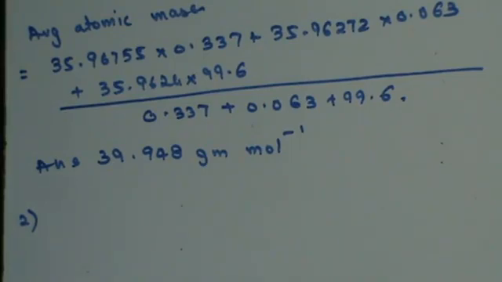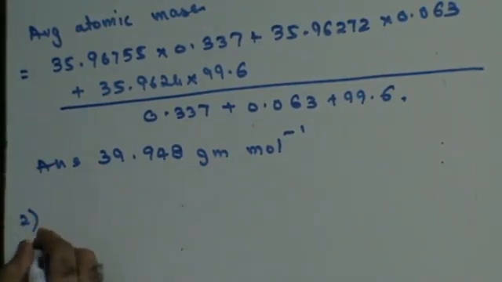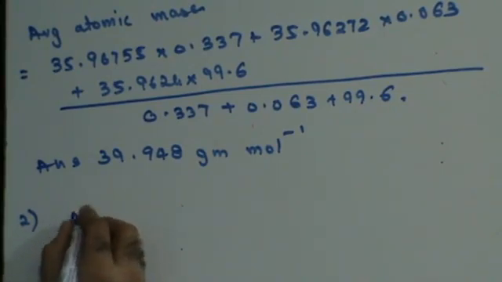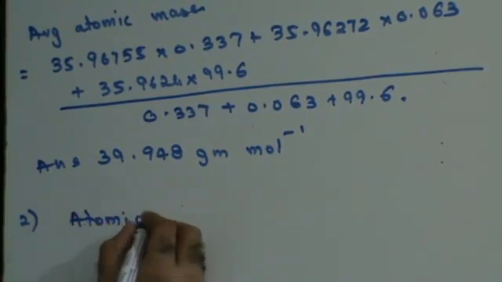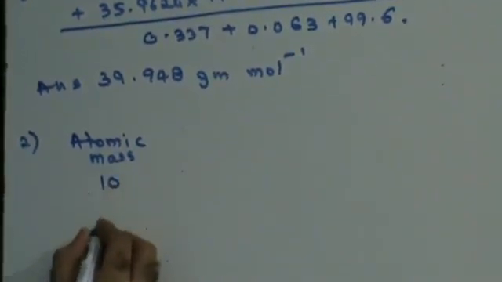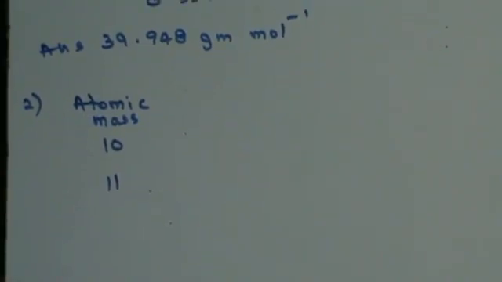Boron occurs in nature in the form of two isotopes having atomic mass 10 and 11.